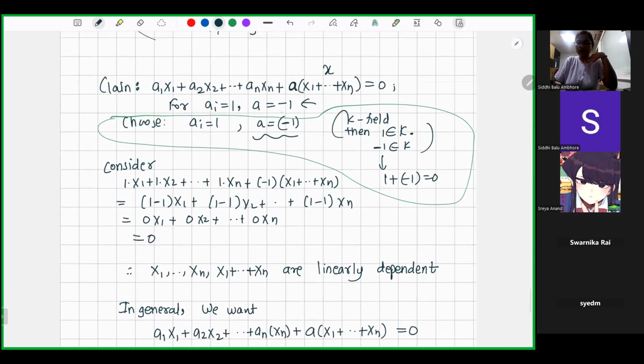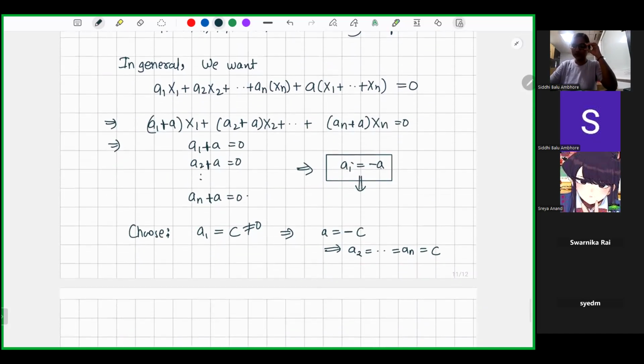Instead of 1 here, you could have chosen any non-zero element of the base field, as long as my a becomes minus of that C. I'm getting a non-zero linear combination of these n+1 vectors such that their linear combination is 0, and that's why this forms a linearly dependent set of vectors. Is it okay?